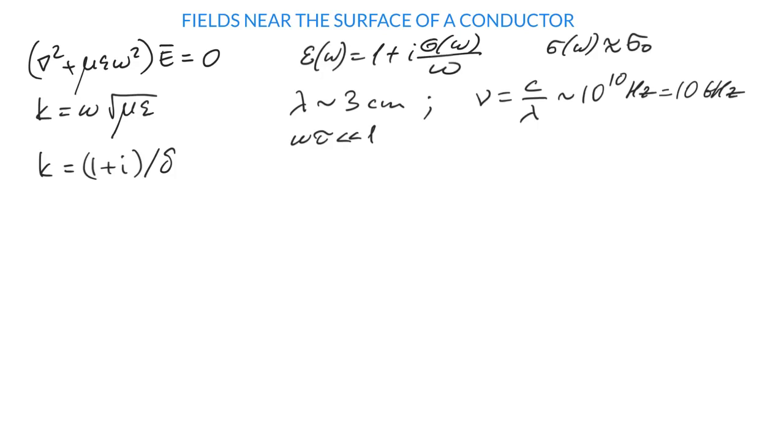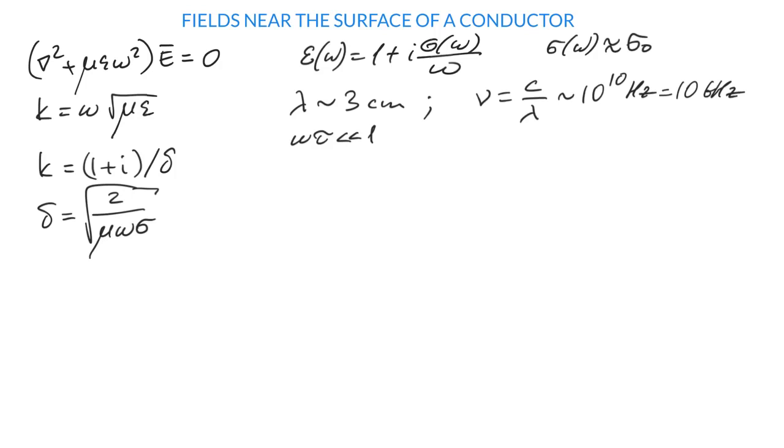The skin depth can be found by substituting the expression for epsilon under the square root, and this will give us delta equals the square root of 2 divided by mu omega sigma. This tells us that the electromagnetic wave decays into the metal at a length scale of the order of delta.